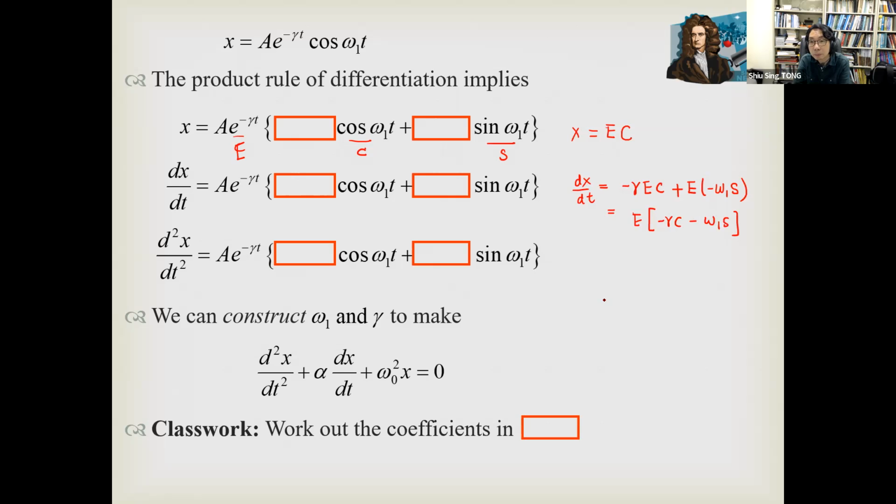Is that right? So what are these coefficients? Originally this is 1, this is 0. And here I have minus gamma that goes with the cosine and minus omega 1 that goes with the sine, right? How about the second derivative?